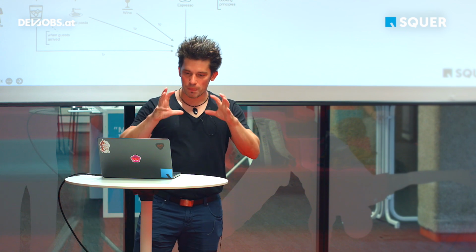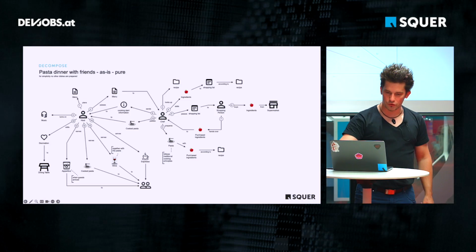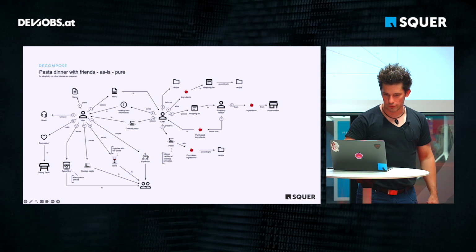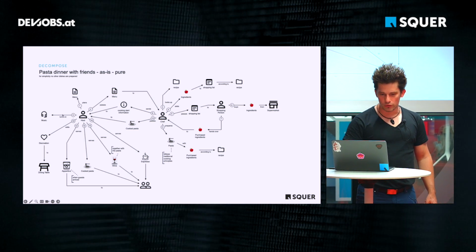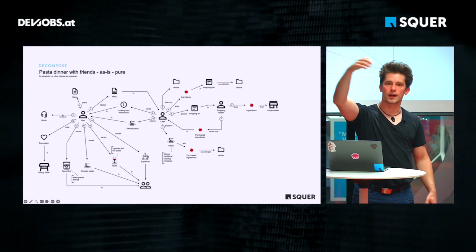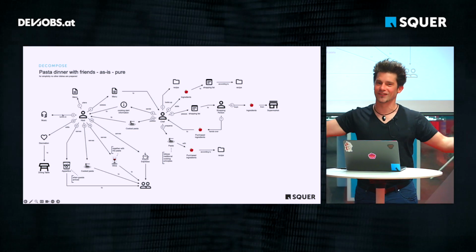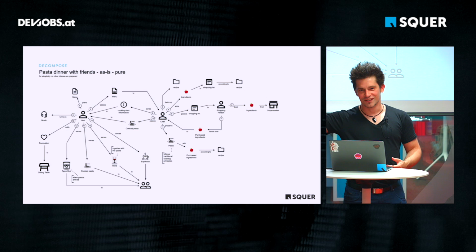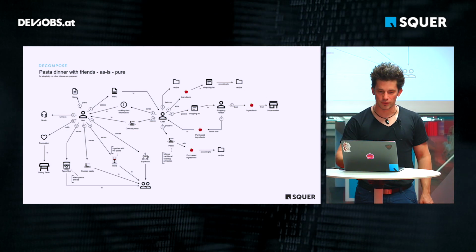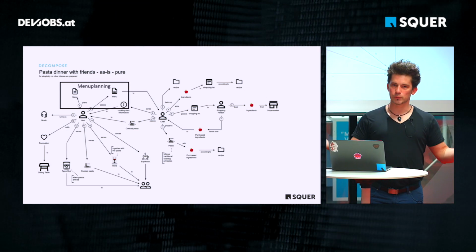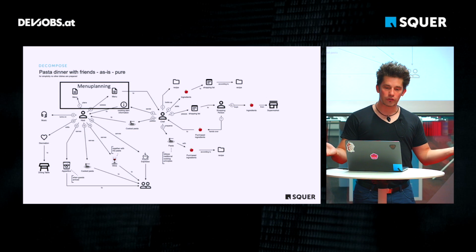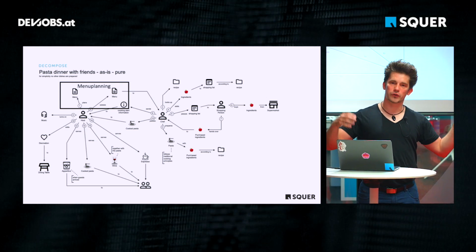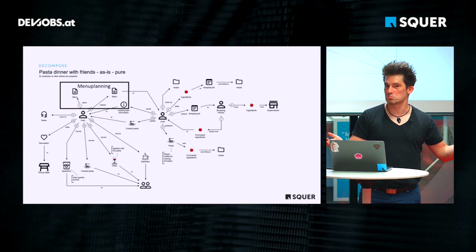So you have these handover things, and what you can do now is, for example, with the menu, we know we have to plan the menu and then we hand it over to someone else, or maybe in this case it's ourselves. But imagine there's a chef that takes over the menu. So we could say we have an area called menu planning, and this is just responsible for planning the menu. Easy as that.